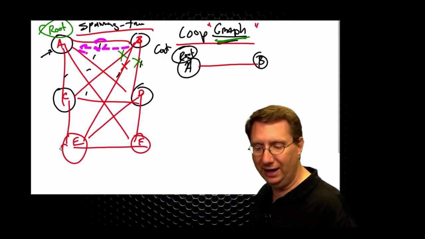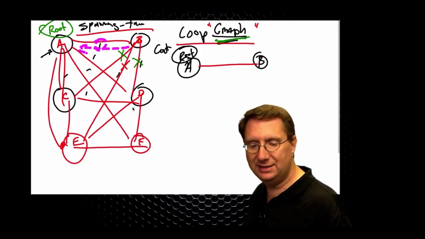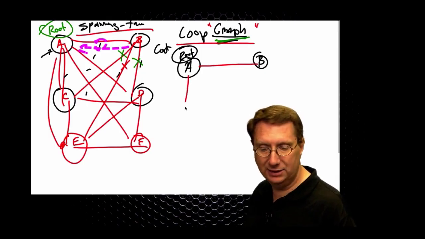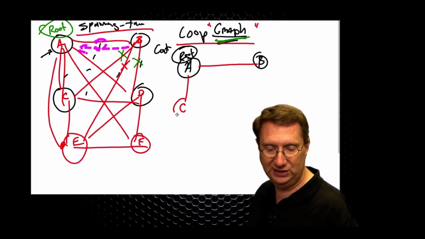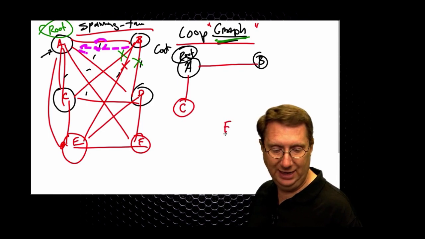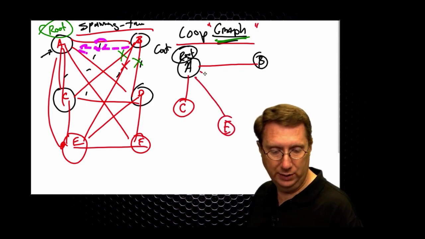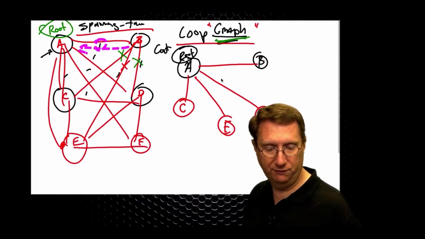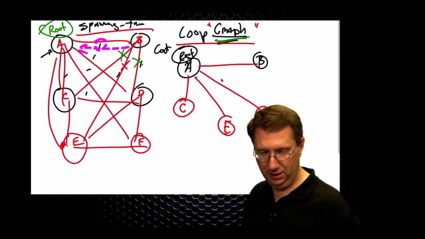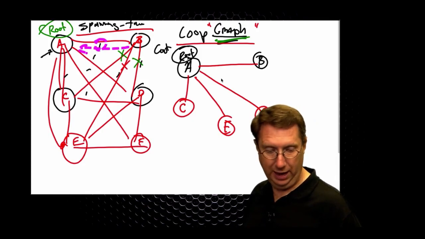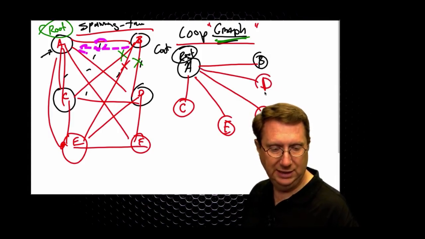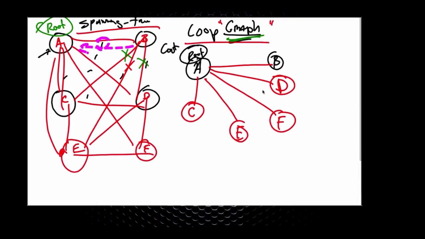Now if every device has a single link going up to A, this is going to look like something like this at the end of the day. I'm going to have C, E, F, B, A, and D. Let me get my big head out of the way.